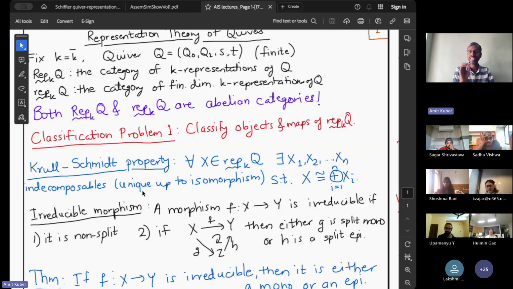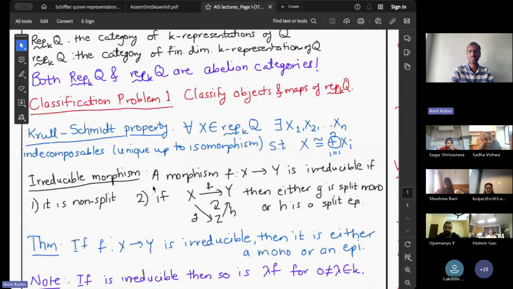Whereas this problem is relatively simpler. The representation theory of quivers is relatively simpler, and therefore the Krull-Schmidt property says that if you classify all the indecomposables, then you are done with the classification of objects. However, you still need to classify all the morphisms.